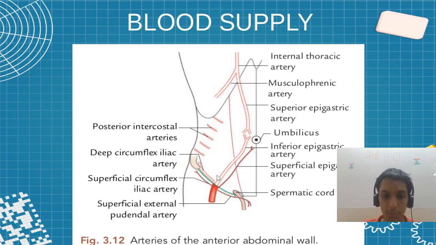It's coming from the superficial one, not the deep part. Okay, here you are finding the inguinal ligament and the spermatic cord. Okay, here you are also finding the posterior intercostal arteries. Okay, so that is how the superior and inferior epigastric will form the end arteries. Okay, please remember the dotted line indicates here that the structures are deeply present, they are not superficial.